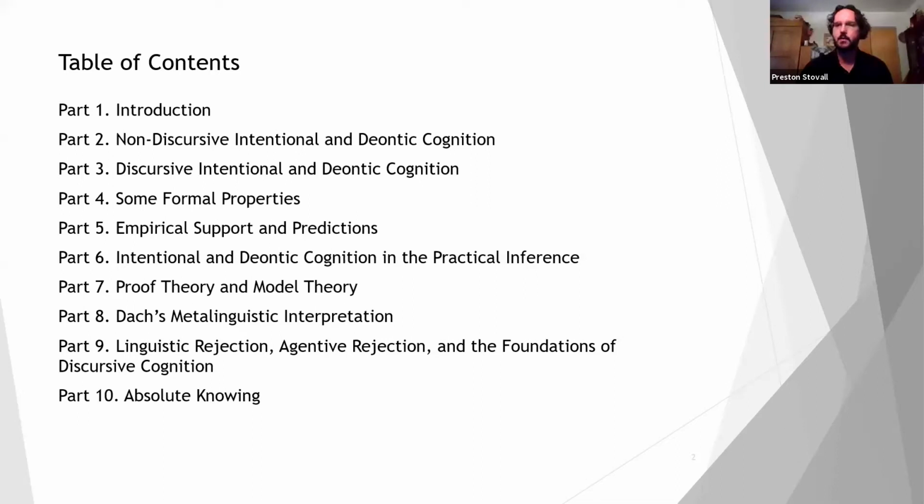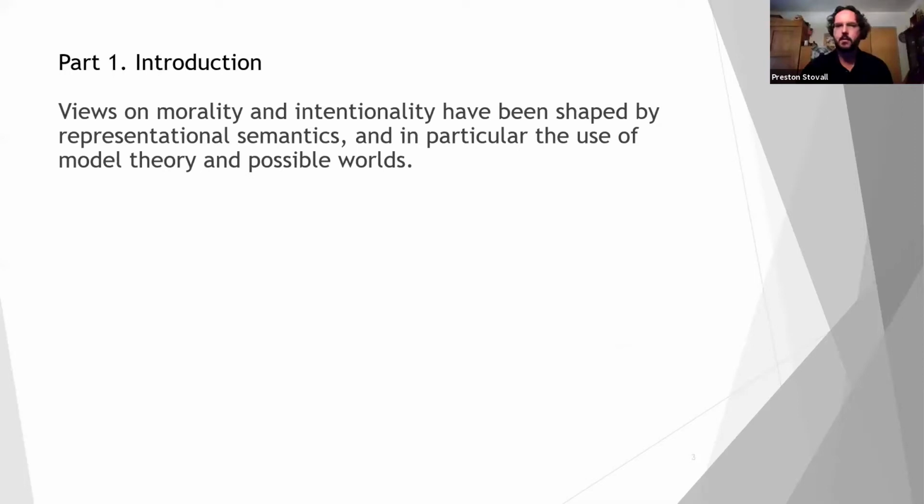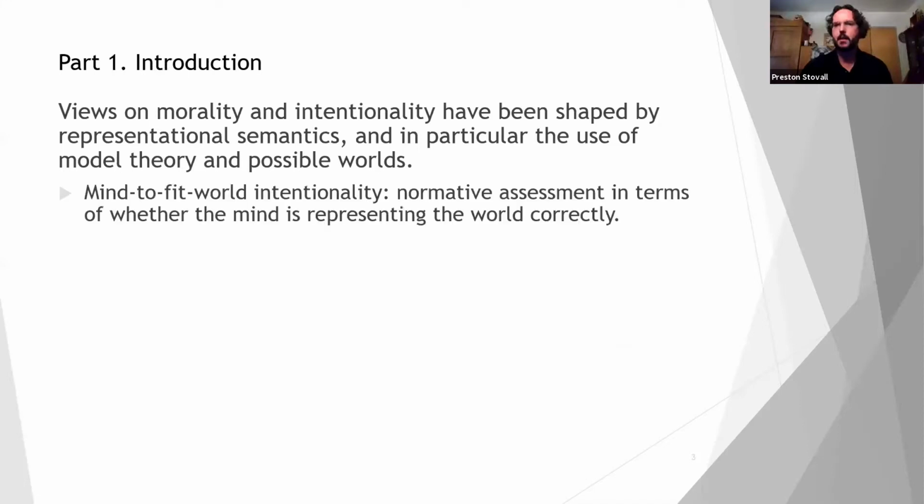Okay, so there's a common view in philosophy across the board that views declarative claims as representations of the way the world is, or the way the space of possible worlds is. So this view foregrounds representational intentionality, where the mind is meant to fit the world. And normative assessment of claims is then measured in terms of whether the mind is representing the world correctly.